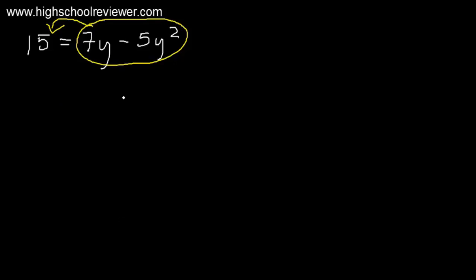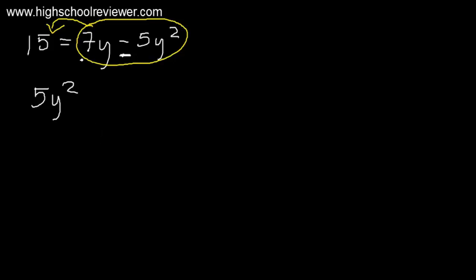So transposing, what will happen is that the sign of the terms on the right side will change. So negative 5y squared will become positive, so this will already be 5y squared.